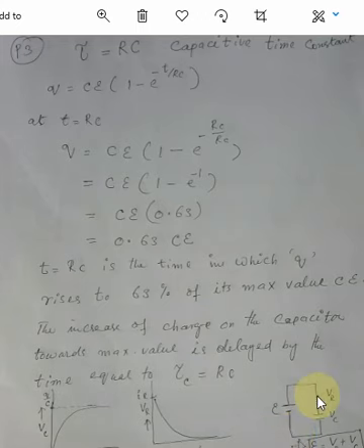If this resistor were not present, the charge would straight away build up to its maximum value CE, but due to the presence of this R in the circuit, it builds up only to 63% of CE in this much time. Tau is equal to RC.